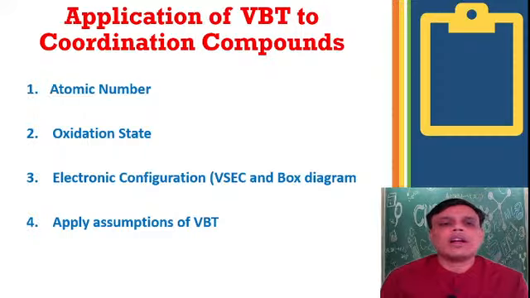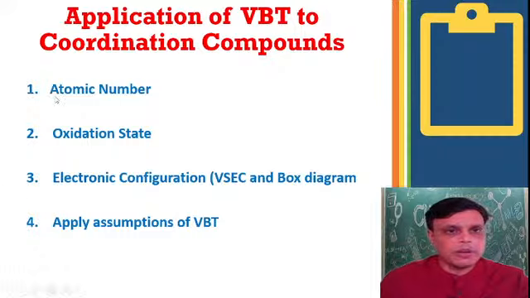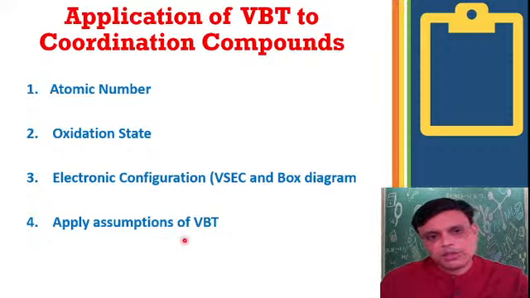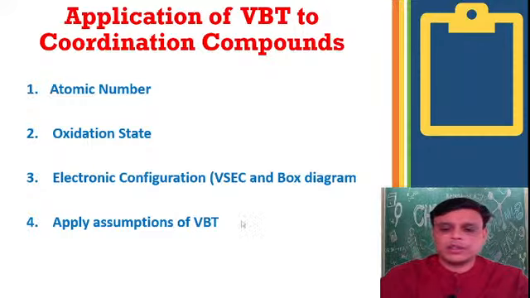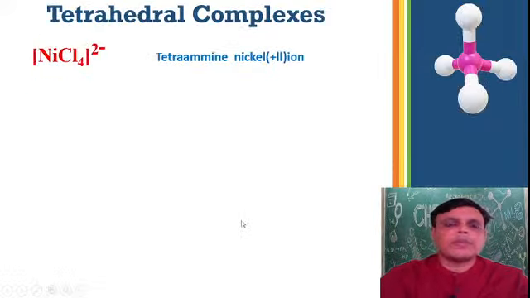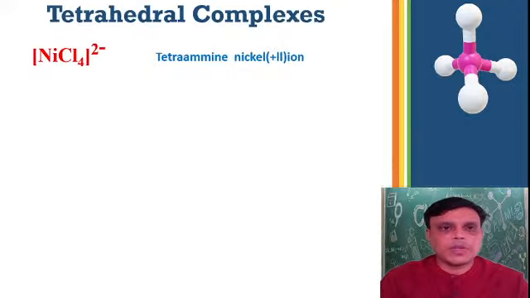So आपको ये assumptions हैं valence bond theory के, ये आप लोगों को ध्यान में होने चाहिए. ठीक है, so these 4 points are there. Which 4 points? Atomic number of central metal atom, oxidation state, electronic configuration and box diagram, then application of assumptions of valence bond theory.